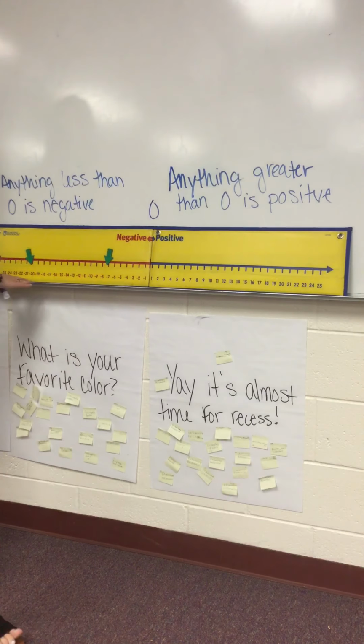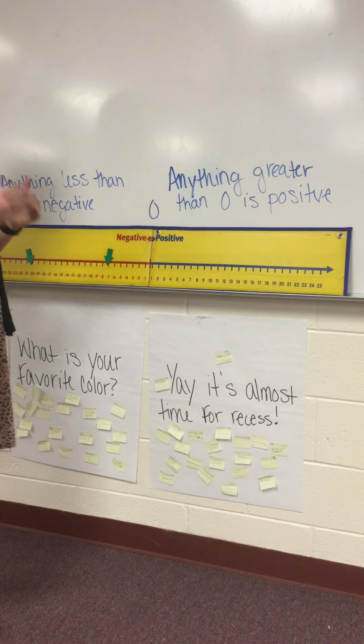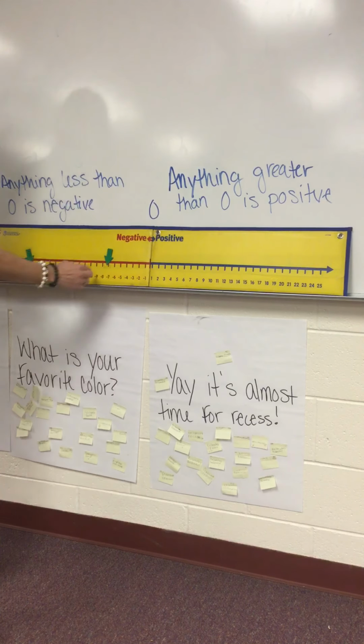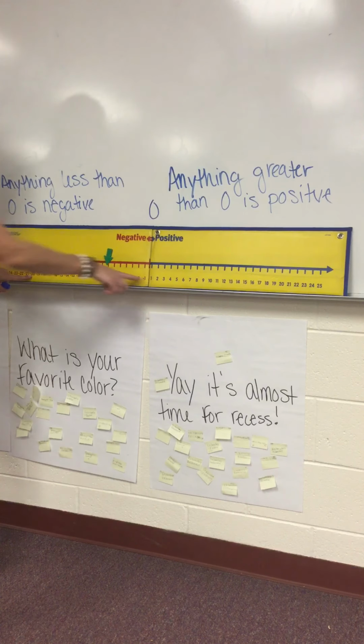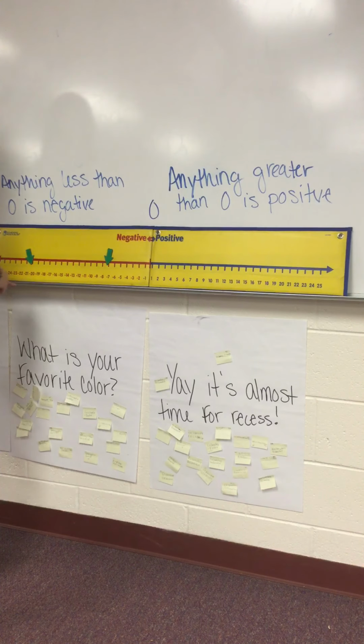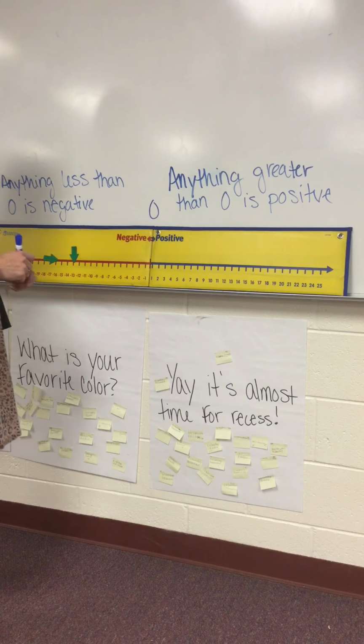But when we're looking at negative, we have to train our brain to think, okay, which one's closest to 0? Which one's going to get me to 0 faster? Is negative 7 going to get me there faster, or negative 20? So it depends on how far away it is. Like, let's do negative 13, negative 16. Well, negative 13 is closer, so negative 13 is greater.